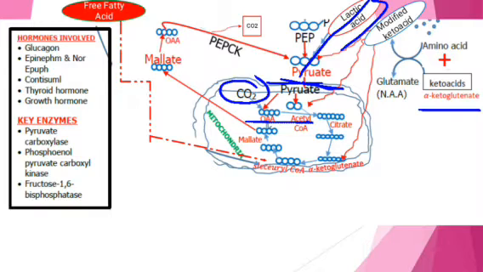Pyruvate decarboxylase can come and cleave off this one carbon molecule and it will form back pyruvate. However, the major glycolytic enzyme circumventing the pyruvate irreversible reaction is phosphoenolpyruvate carboxykinase, which we see here.